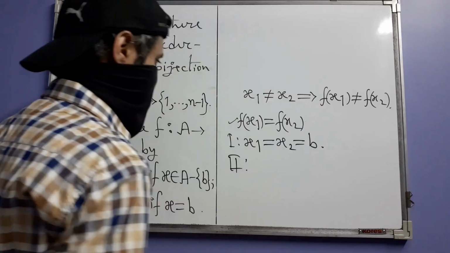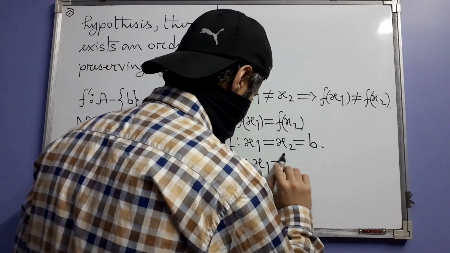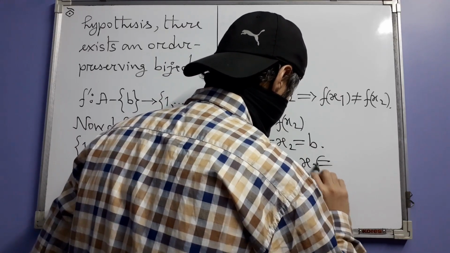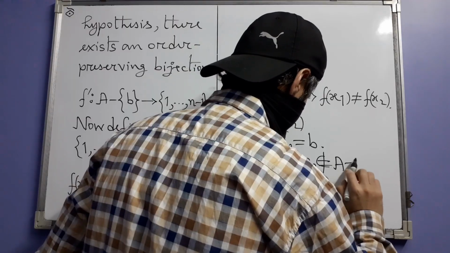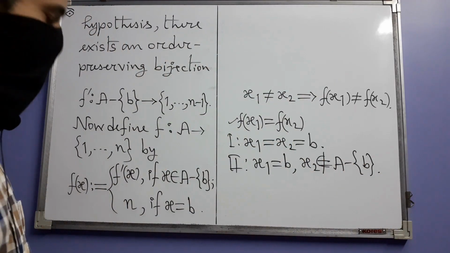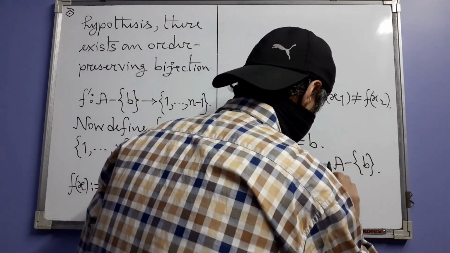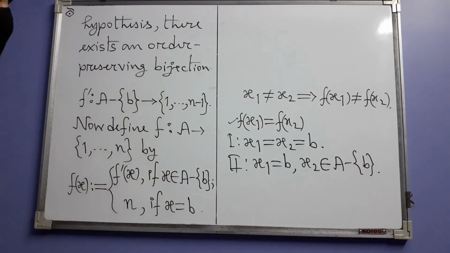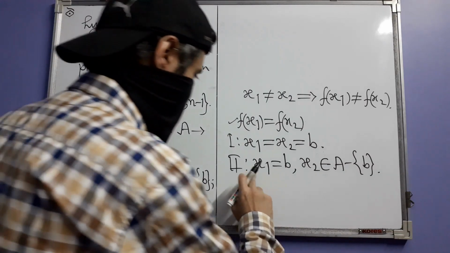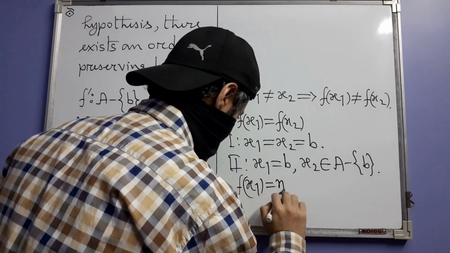There is another case. Say x1 is b, but x2 is not b, means it's in this set. Okay, so wait, what did I write? It's in this set, not outside the set. Then by the definition of the function, f of x1 is n.